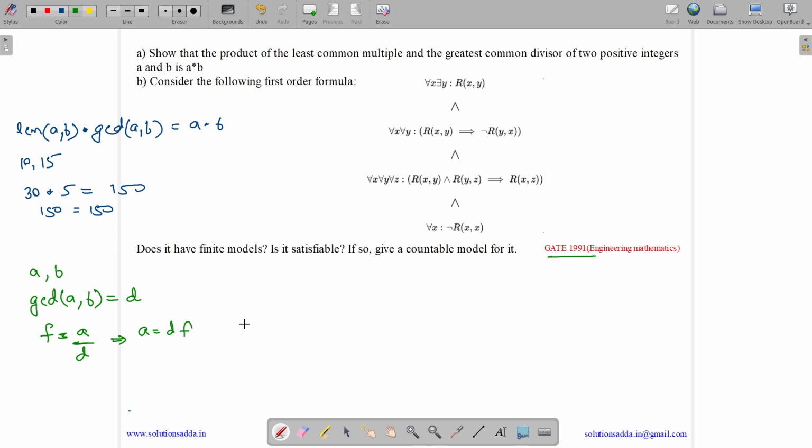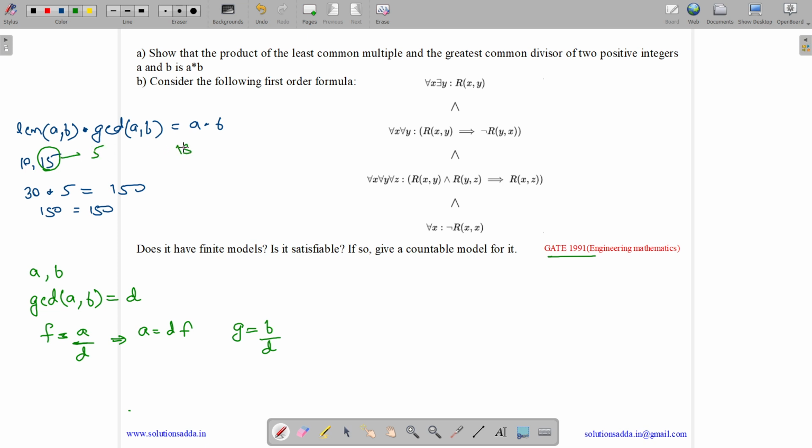Now we can also write G equals B by D. If the GCD of B is D, then definitely D will have some factor, which is G, by which D can divide B. In this example, for 10 and 15, the GCD was 5.